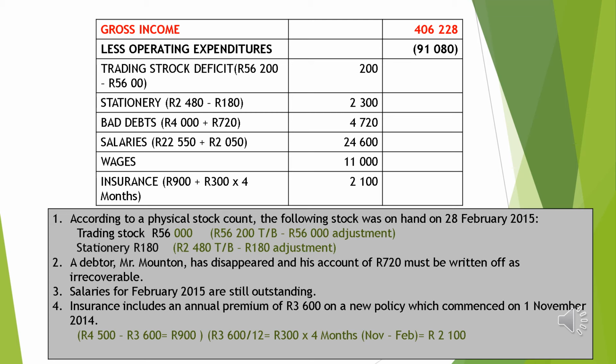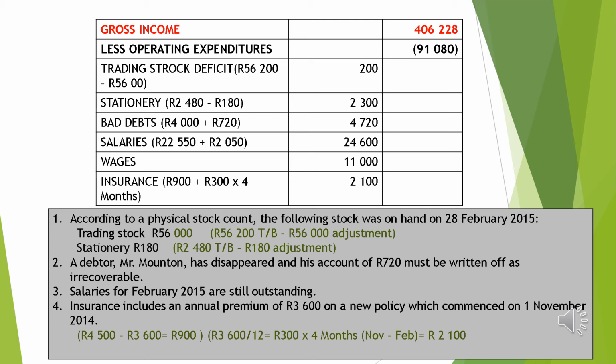Insurance, number 4. We are having an adjustment there. Insurance includes an annual premium of 3,600 on a new policy which commenced on 1 November 2014.